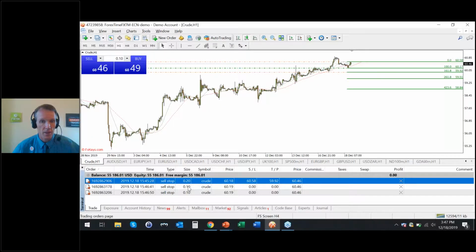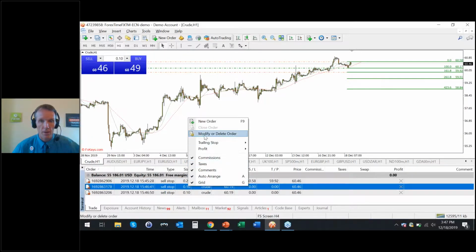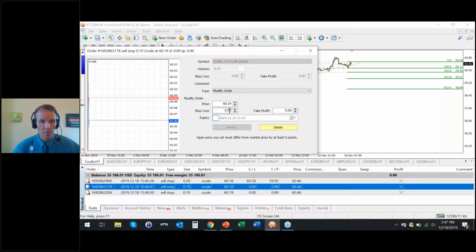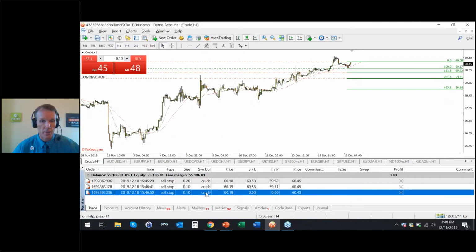Right. Now the second one, that means the whole trade is managed on its own. We only have to look every couple of trades to see what the market is doing. It's 59.51, second one. It's there.